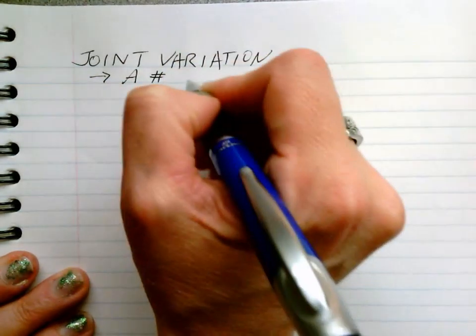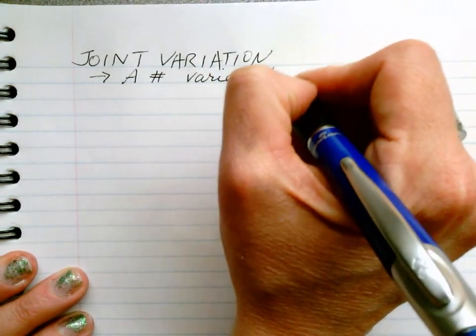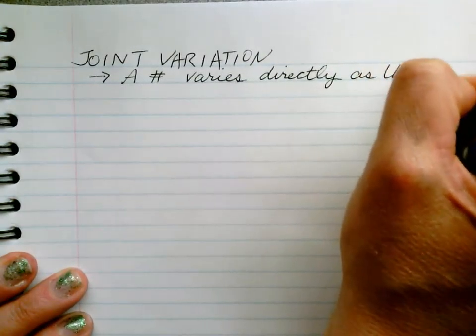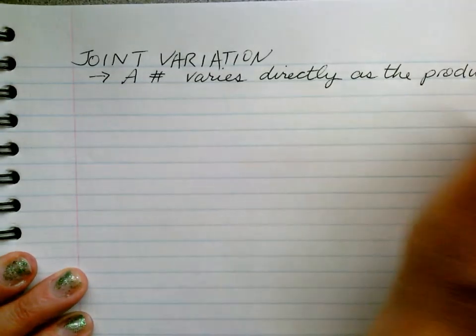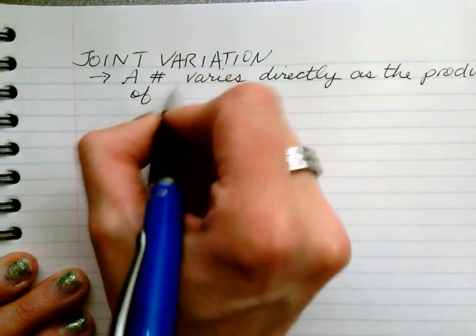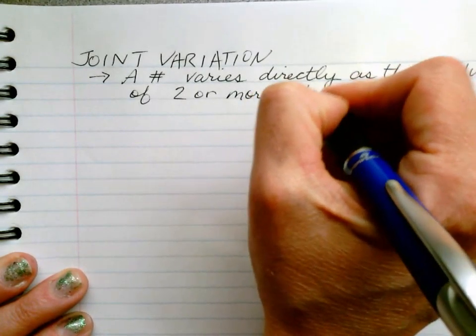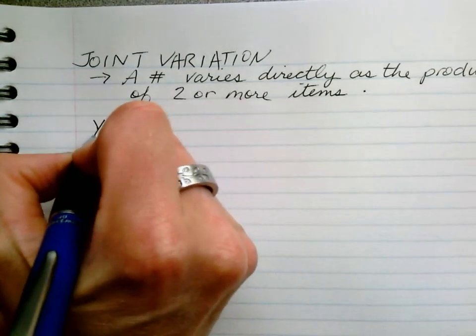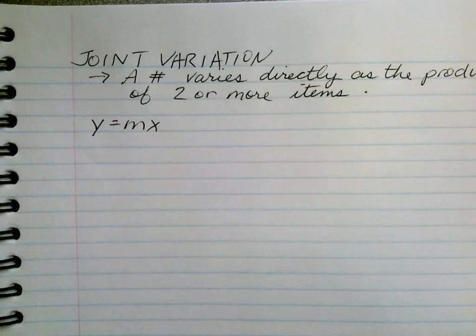A number varies directly as the product of 2 or more items. Okay, for example, we already have y equals mx. That was our example of direct variation, right?